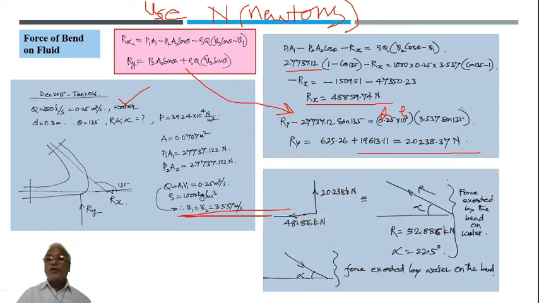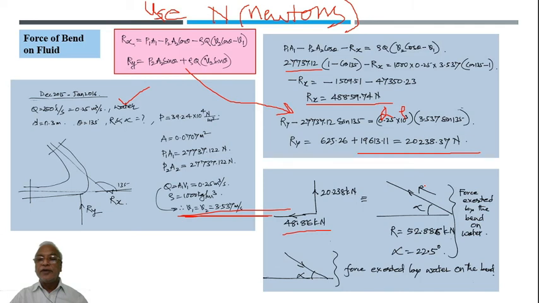Now to find the resultant force, you can see that Rx is leftwards, 48.86. Ry, which is indicated like this, has come 20.24. So that is the force. Now the resultant of these two will be inclined like that.